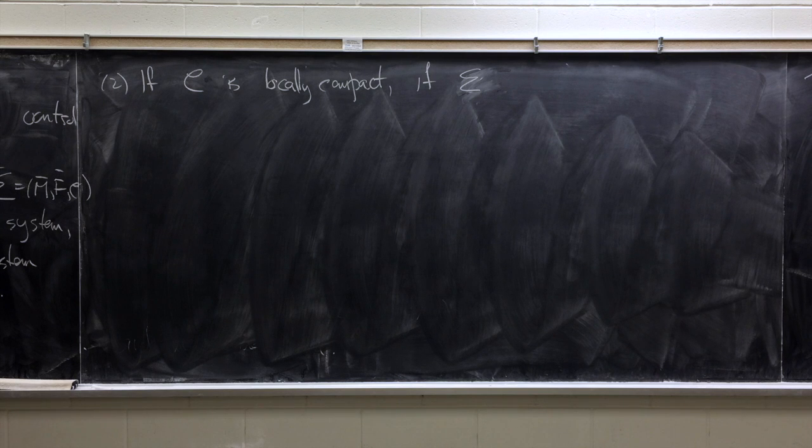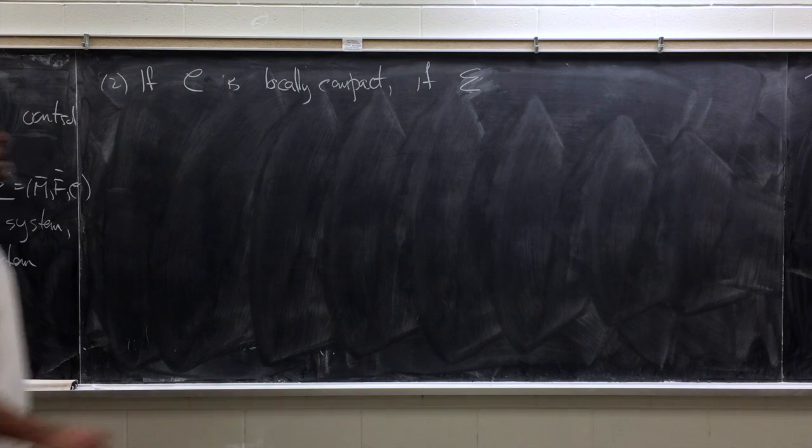So when I say it's a control system, I'm just meaning that F maps M cross C into the tangent bundle, and as a function of x, it's analytic. It doesn't necessarily have the joint continuity properties. Is that clear? Okay. So now I'm going to assume that it's a C omega control system.